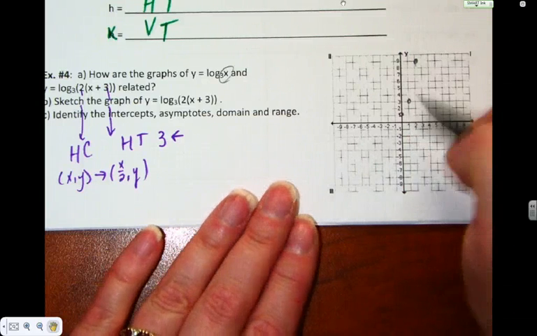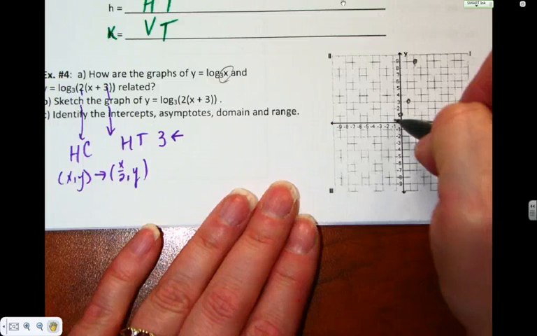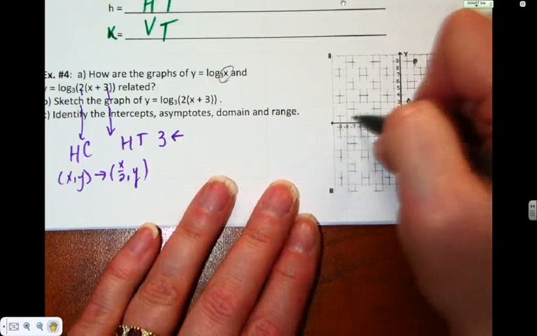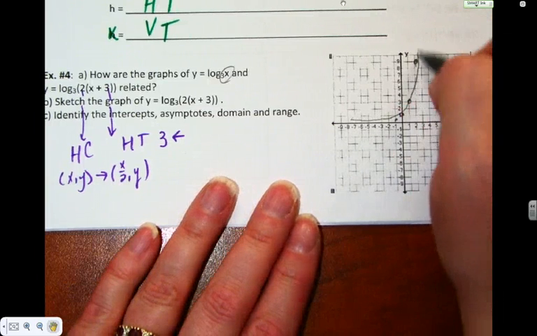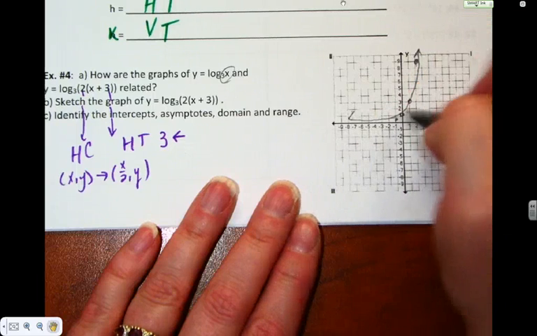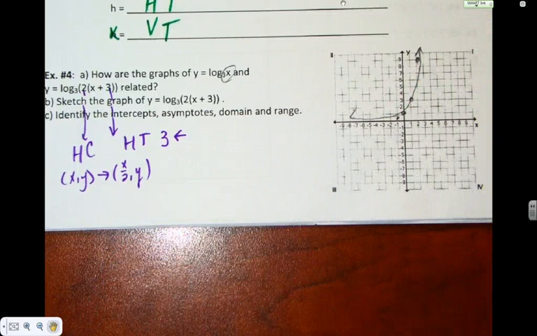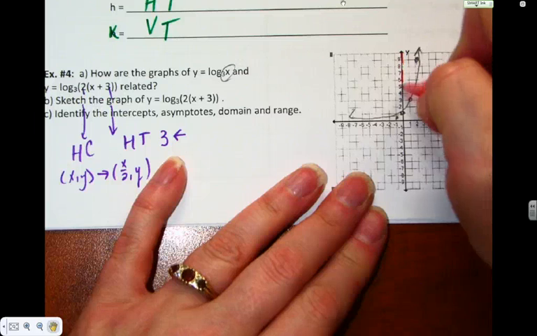I'm not going to draw the horizontal asymptote because we're going to turn around and flip it right away. So I'll draw it vertically.